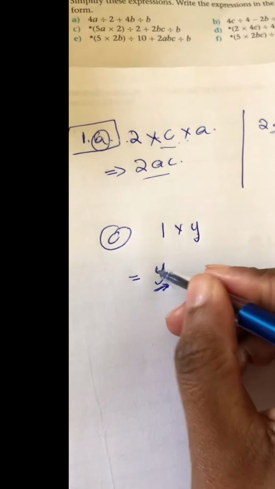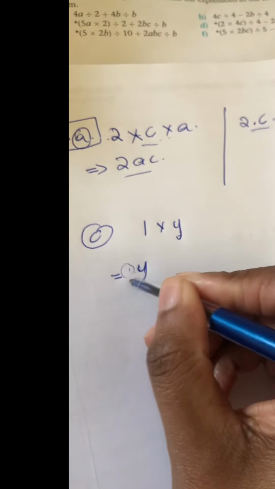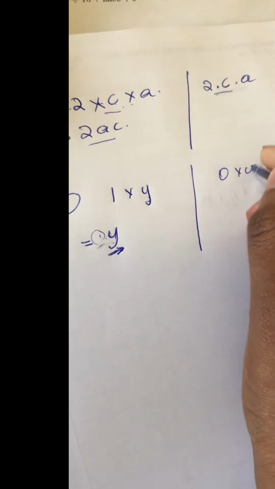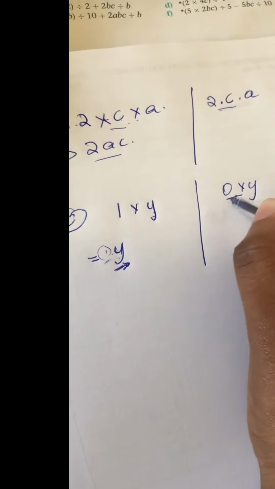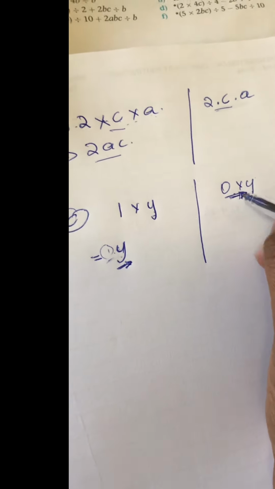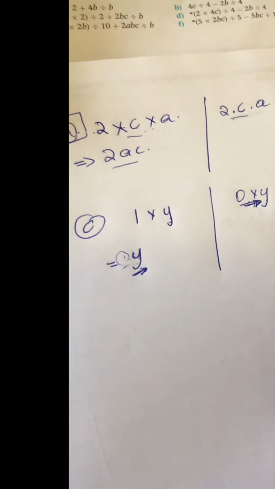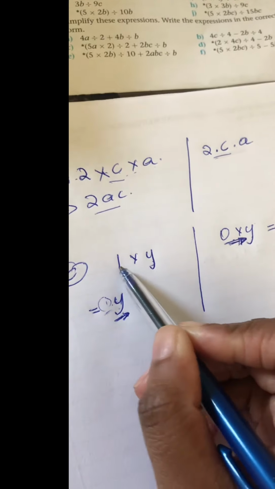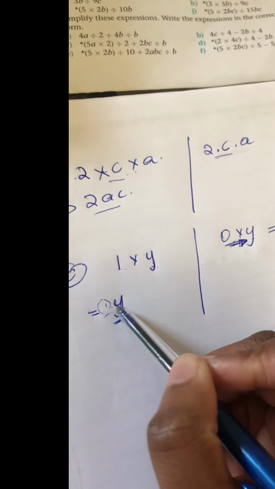When you write y, the 1 is actually invisible here. It's like when you say 0 times y. You need to always remember that any alphabet or any number that is multiplied by 0 will always give you 0. So in this instance, we are multiplying 1 by y, which gives us y.